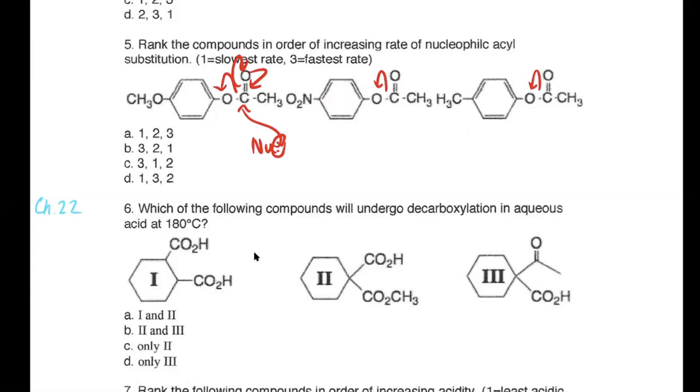So let's compare them. We can just cross this out, put a minus charge on one side, cross that out and put a minus charge. Oopsies.